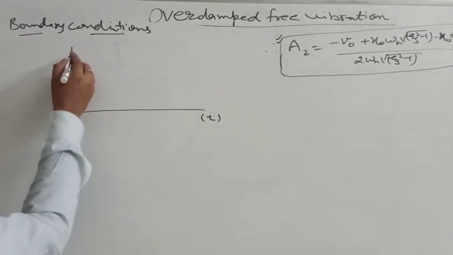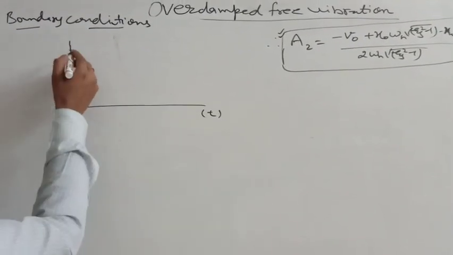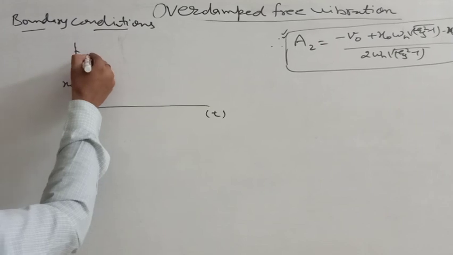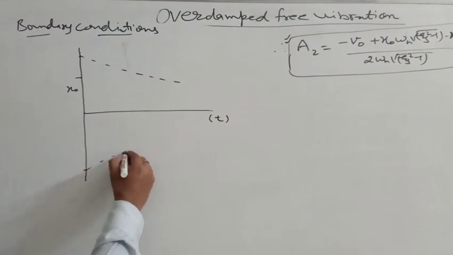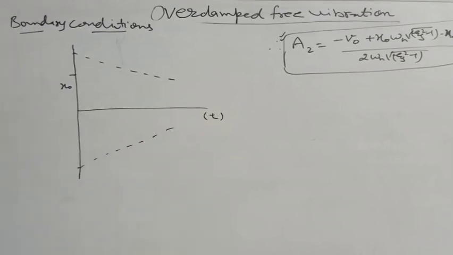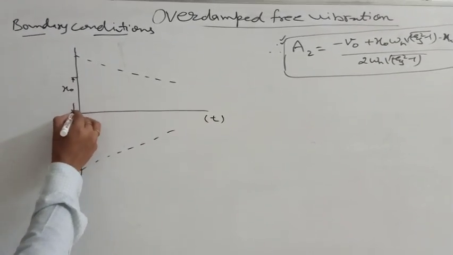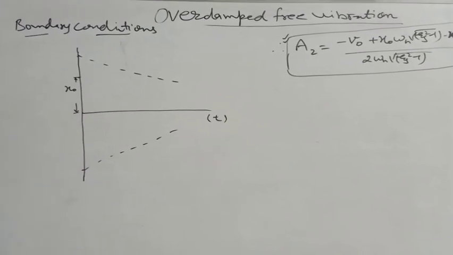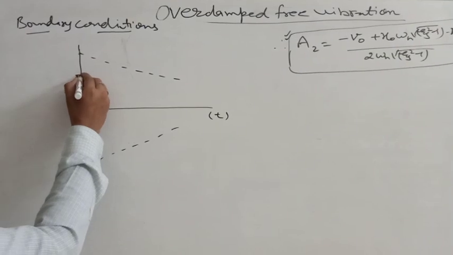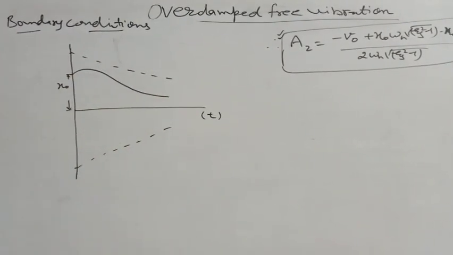Considering the values of a1 and a2, a1 is positive and has the exponential term, that's why this is the graph. a2 is negative, an exponential graph. If we plot equation number 1, the graph is always an exponentially decreasing graph.